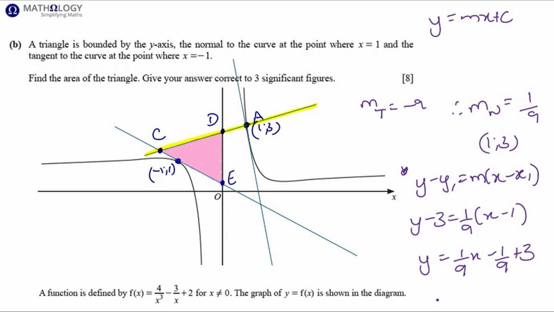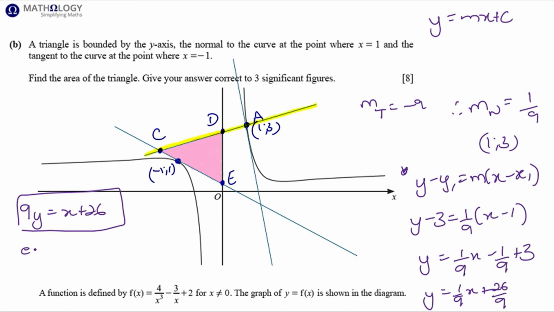So the equation of the normal is given by y equals 1 over 9x plus 26 over 9, which you can also write as 9y equals x plus 26. This now represents the equation of the normal to the curve f at the point A.